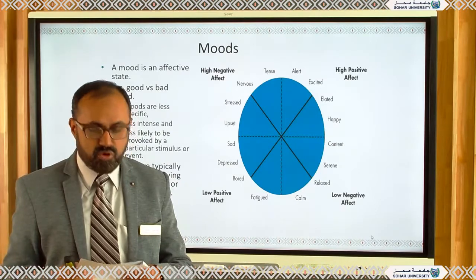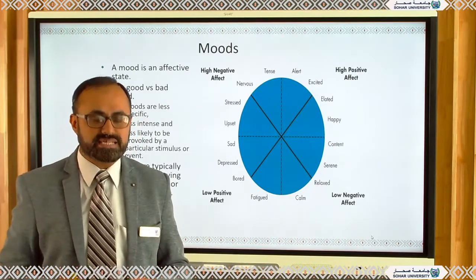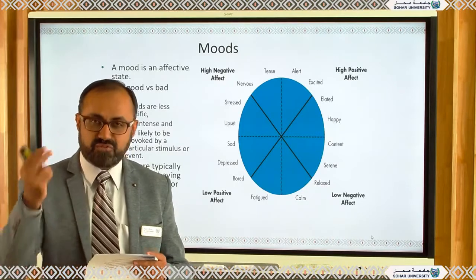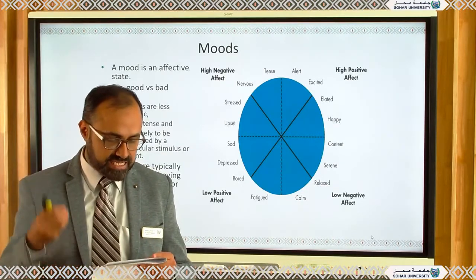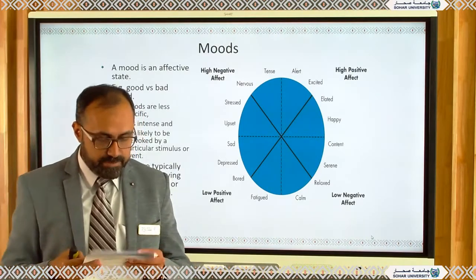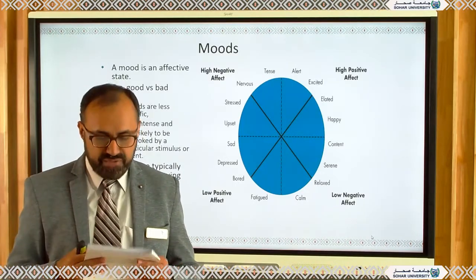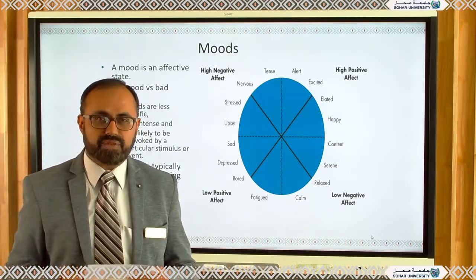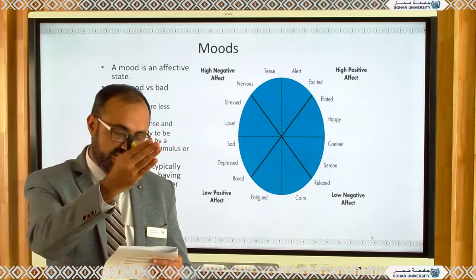So now we will try to define mood in a little technical term. For example, mood is an affective state. Good versus bad moods are less specific, less intense, and less likely to be provoked, and moods are typically described as having either a positive or negative affect. If you see this graph, there is a low negative affect and a high negative affect.